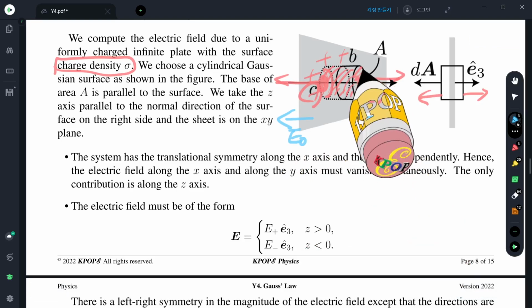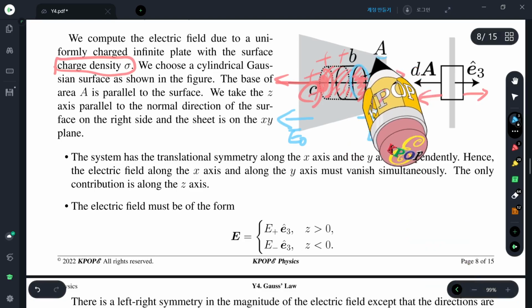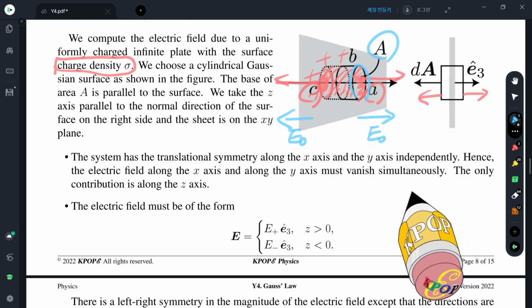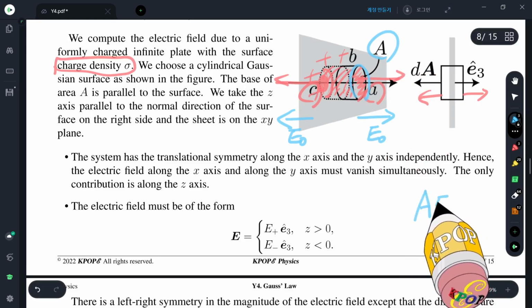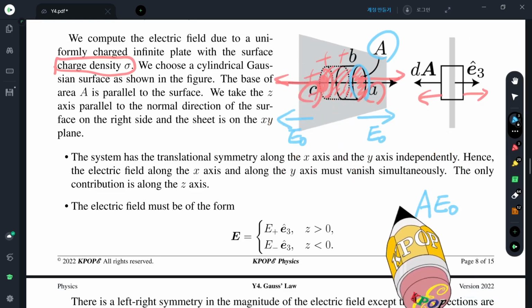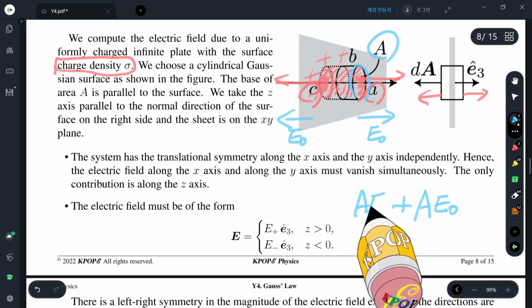Then the flux passing through this, with cross-sectional area A, is A E0 to the right-hand side, and on the other side, because of the symmetry, this integral should give the same.